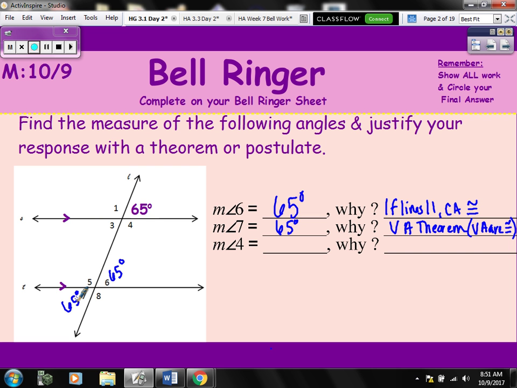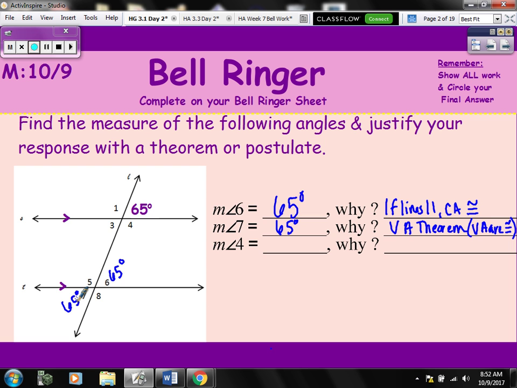Alright, last one, the measure of angle 4. What was the measure of angle 4 and why? What's the measure of angle 4? No one knows.